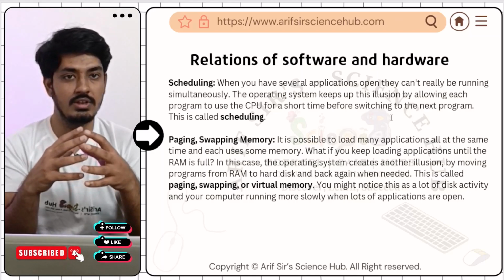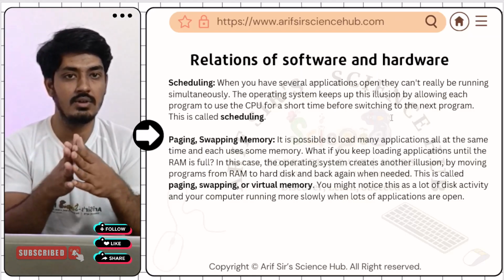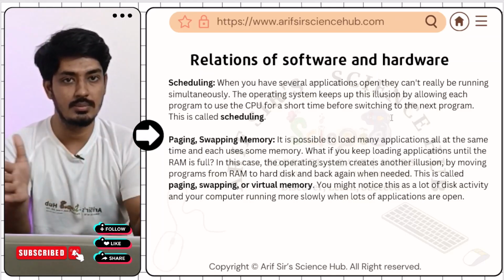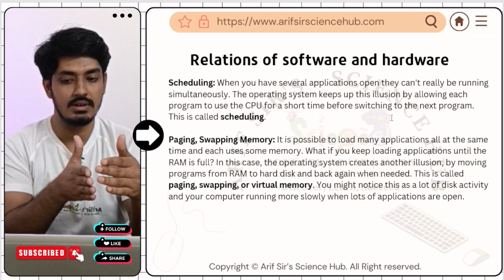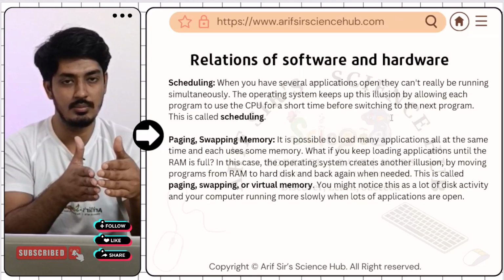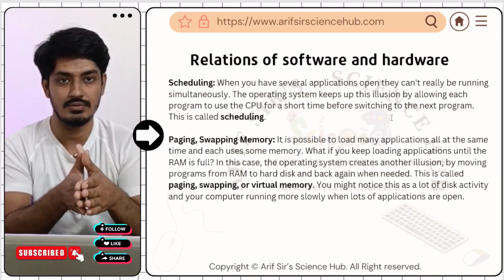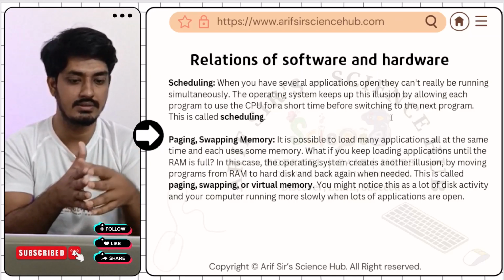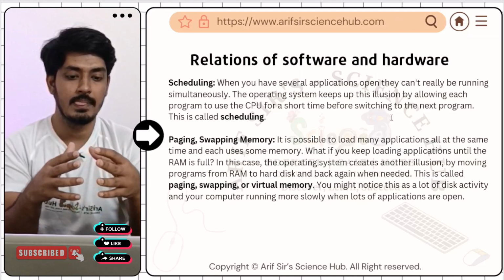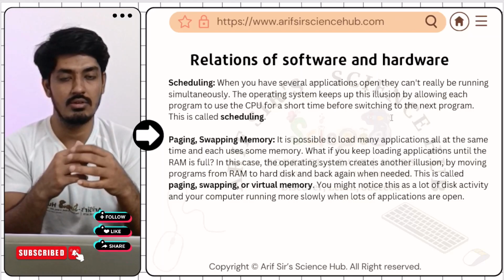That means it gives the illusion that the programs are running simultaneously, but basically they're not. It runs some instructions for one application, pauses for a moment, then runs another application, pauses, then runs another. So it creates an illusion for the applications so that the system or other applications won't crash.